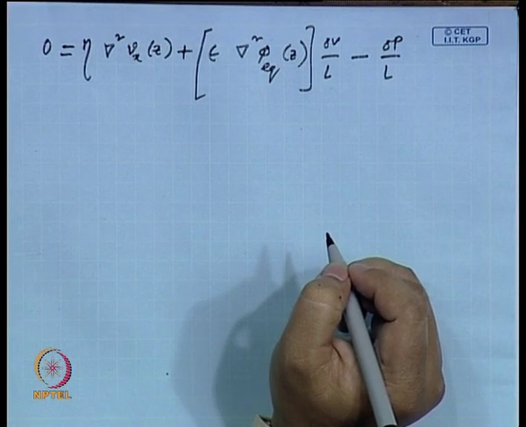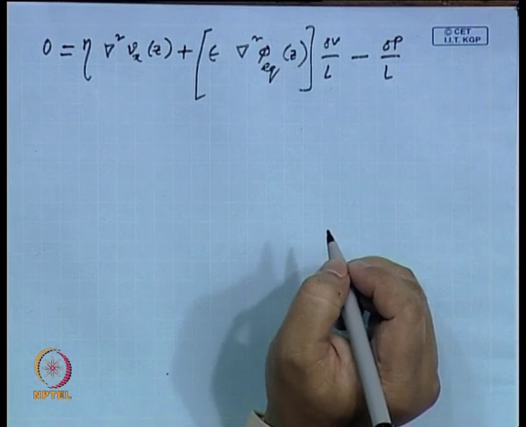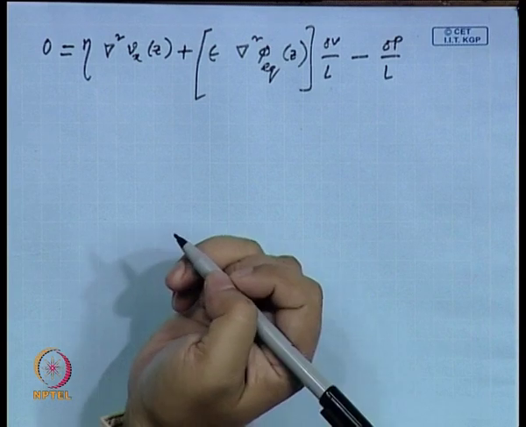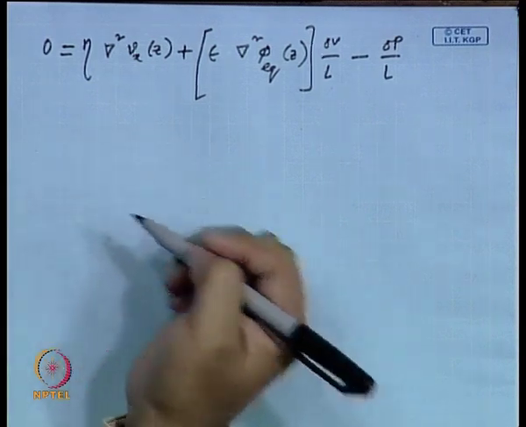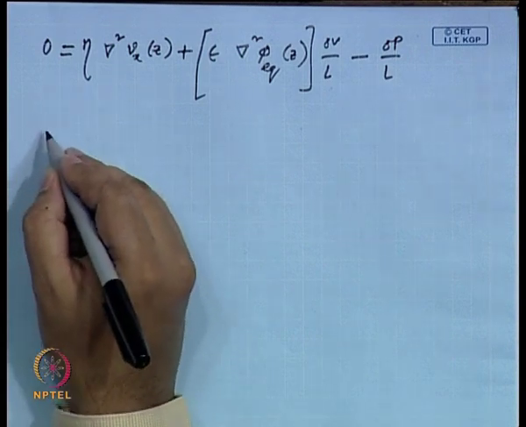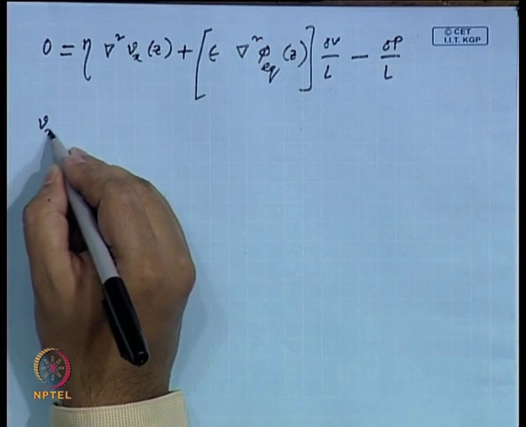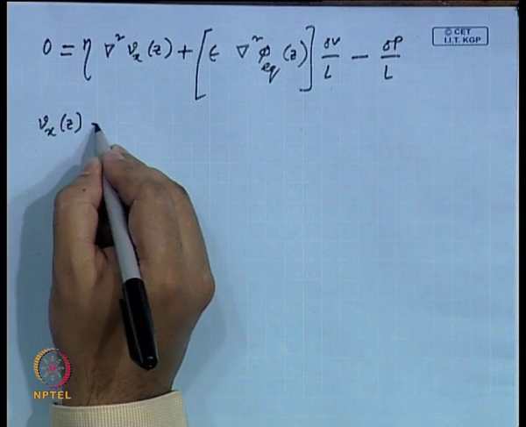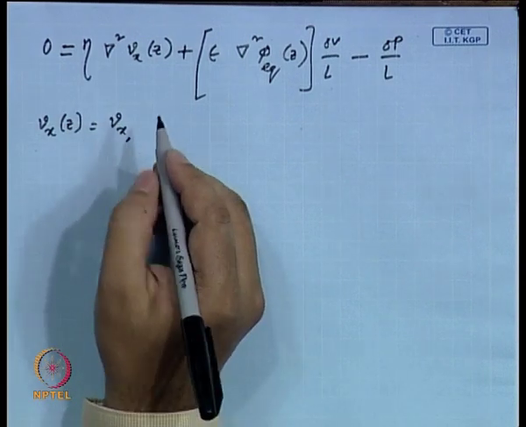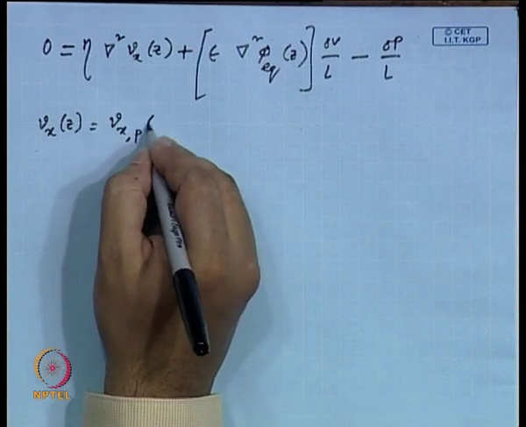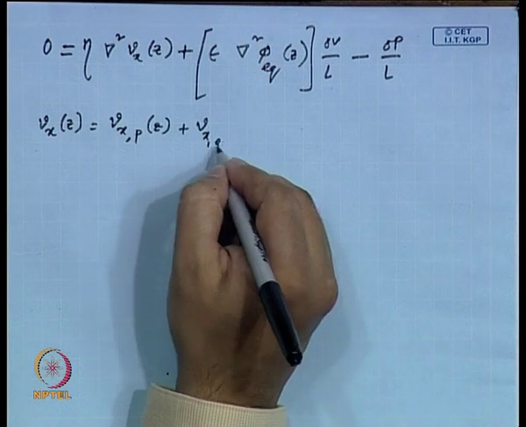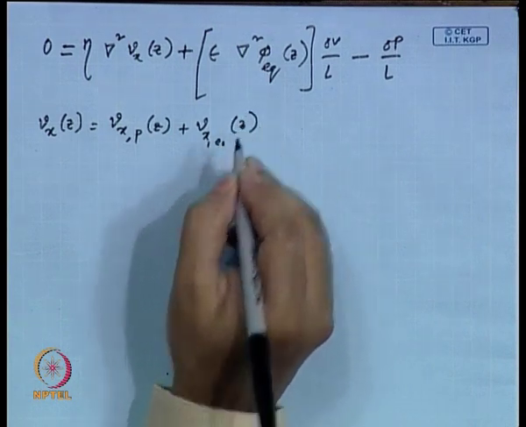Typically, this system of equations allows you to get a solution which is basically a superimposed velocity: the velocity arising from pressure and the velocity arising from electro-osmotic flow.